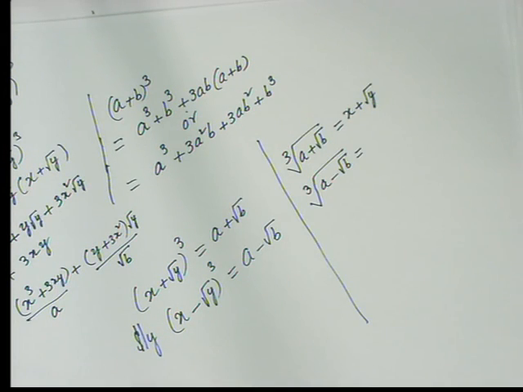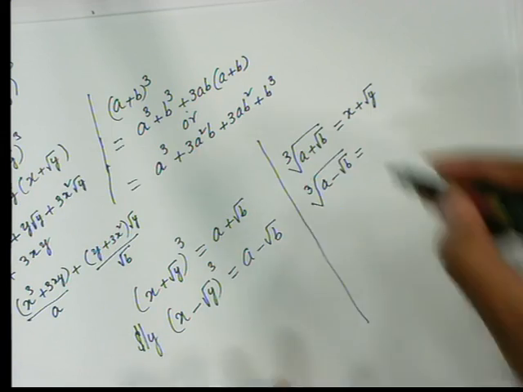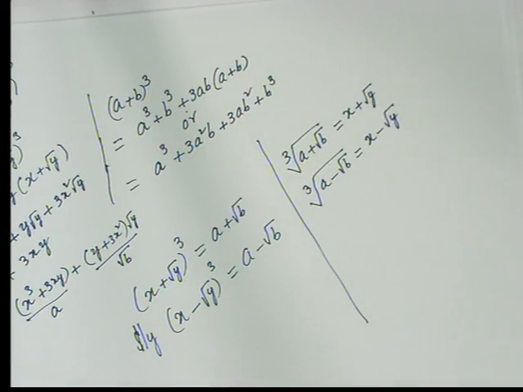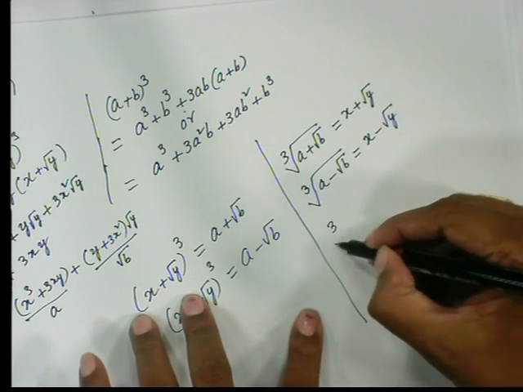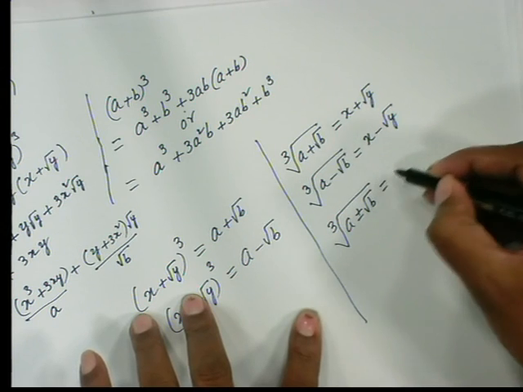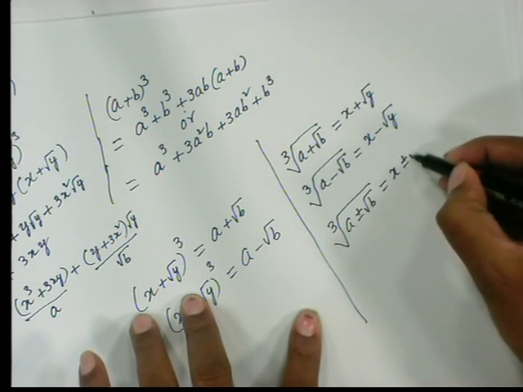The cube root of (a minus root b) is equal to x minus root y. Okay, now we have discussed the cube roots of a plus root b and a minus root b. So this can be written like this: cube root of (a plus or minus root b) is equal to x plus or minus root y.